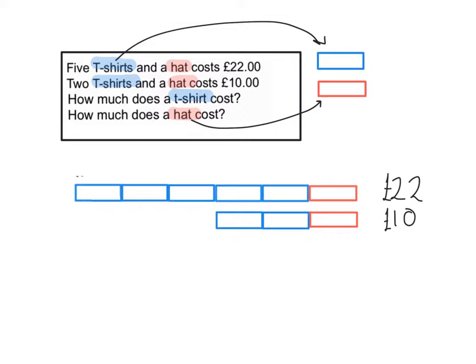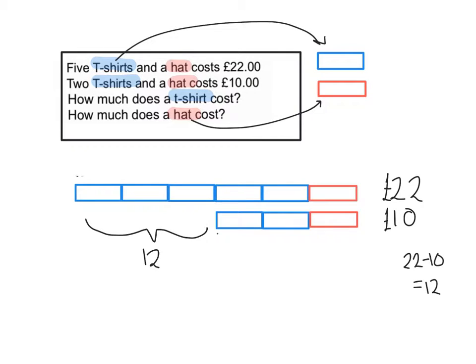So this bit here must be the difference between these two numbers, because these are 3 blue boxes bigger. So this must be 22 take away 10, which is 12. So all of this must be 12.